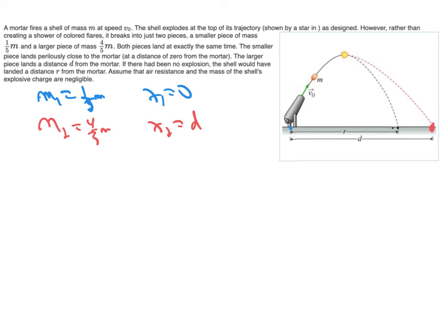And then the system itself has a total mass, which is just m, and lands at a center of mass position, which is r.